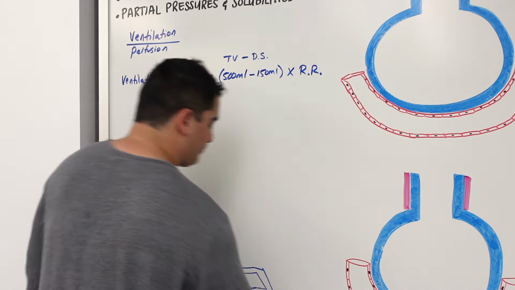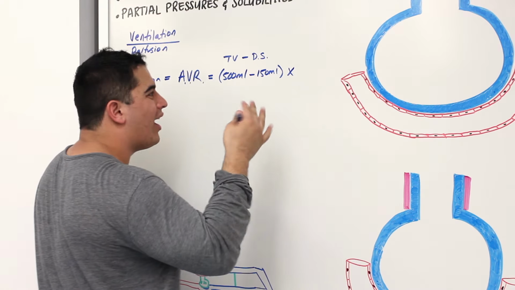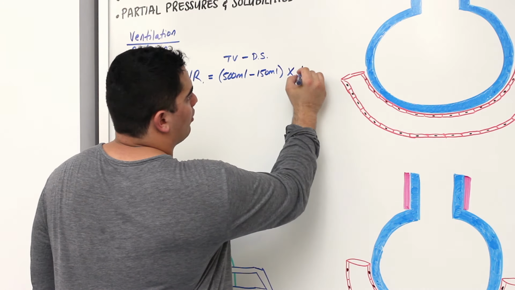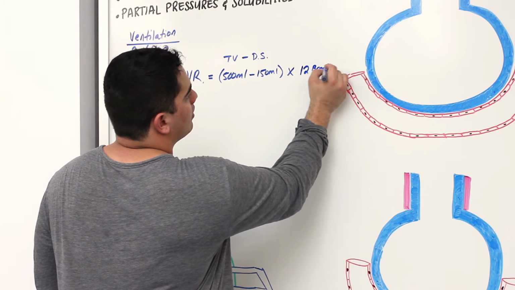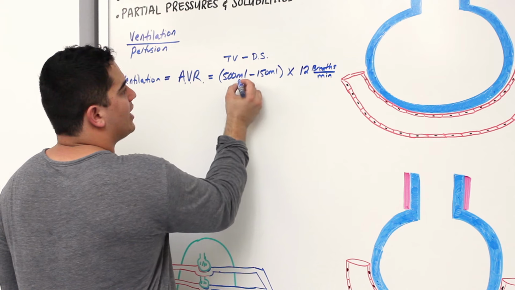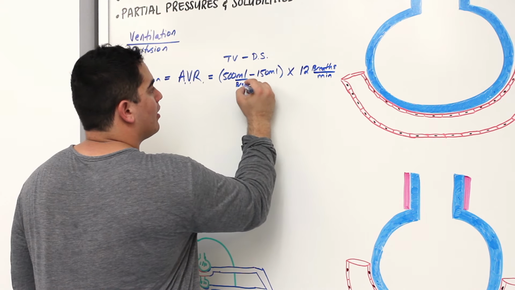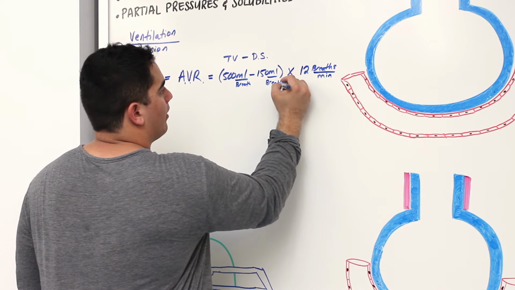Generally, my respiration rate is on average about 12 to 16 breaths per minute, but let's just say for right now it's about 12. So 12 breaths per minute, whereas these are milliliters per breath.